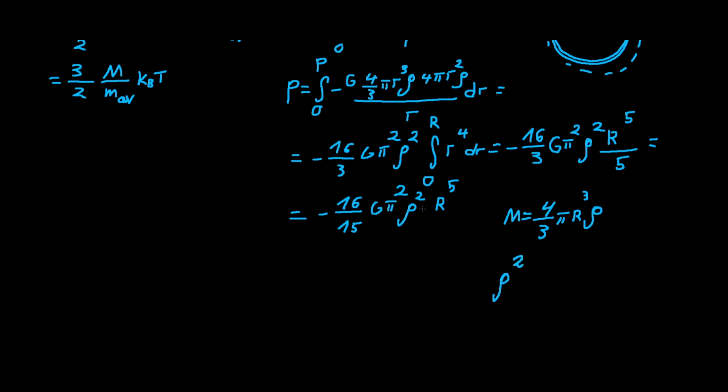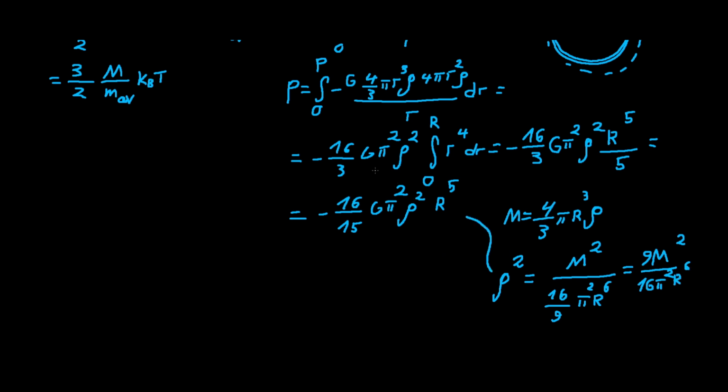So you get rho squared equals M squared over 16/9 pi squared r to the sixth, and this is of course equal to 9 M squared over 16 pi squared r to the sixth.